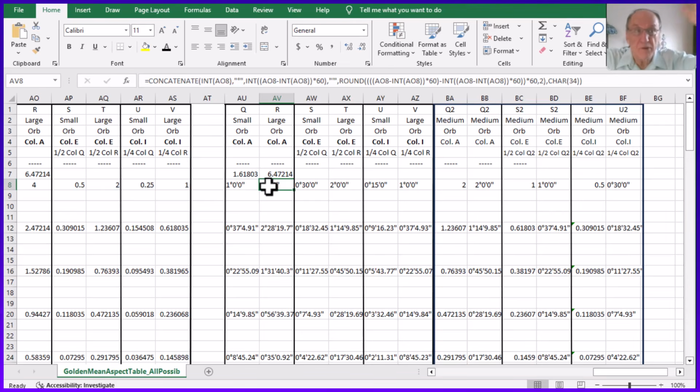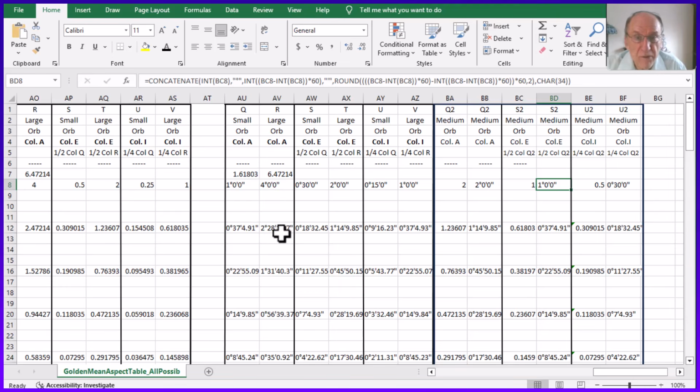Remember, the golden angle is the big one, the primary one, 137.5. There's probably no doubt about that. And then for the medium orb, I took half, a 2-degree orb. And for the small, I used a 1-degree orb. So we start with either a 4-degree orb, 2-degree orb, or 1-degree orb. And then it's pretty elegant and straightforward from there.